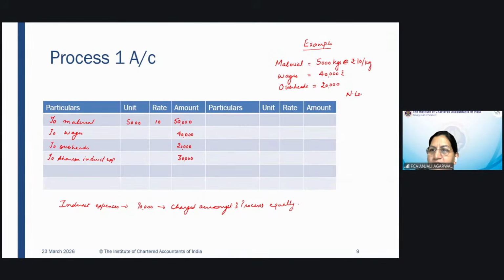Normal loss is given as, once again, let's take it 10%. So we had expected 4,500 kgs to be the output. Actual output is 4,200 kgs.